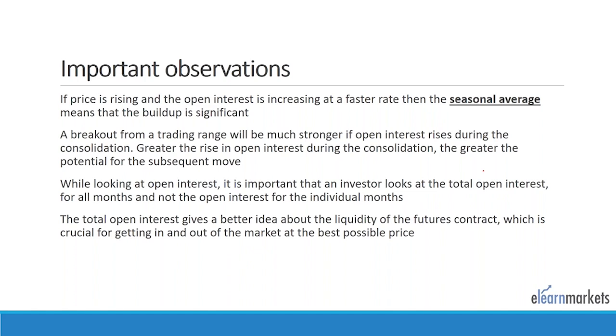So you have to look at the average change in open interest, and based on that, you have to try to figure out a significant change in open interest for that particular stock. So for Reliance, 5% change in open interest is a big thing, but for a stock like JP Associate, 5% change in open interest is actually not a very significant number to be kept as an outlier.